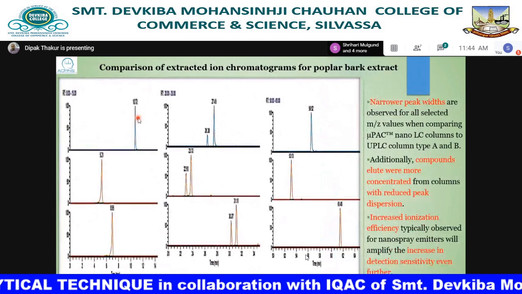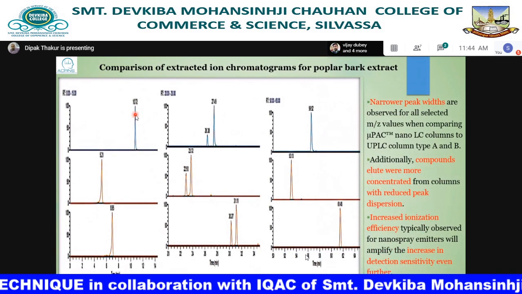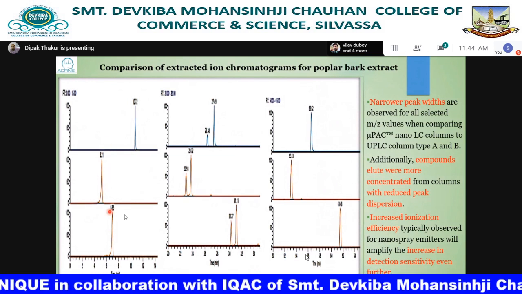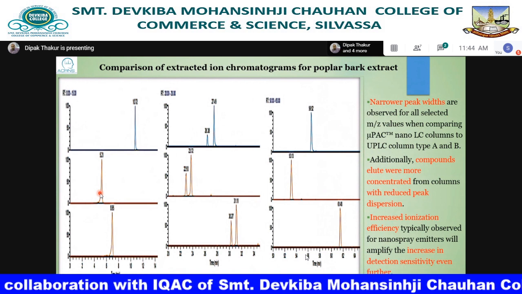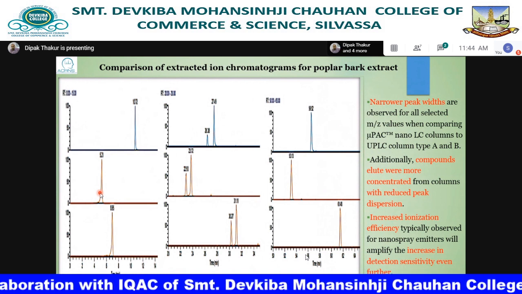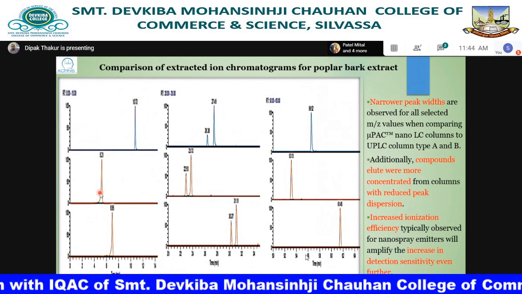In this particular comparison, what we are showing is the peak shape. No doubt, even these peaks are better compared to your conventional chromatography, which you perform at higher microliters to ml range.